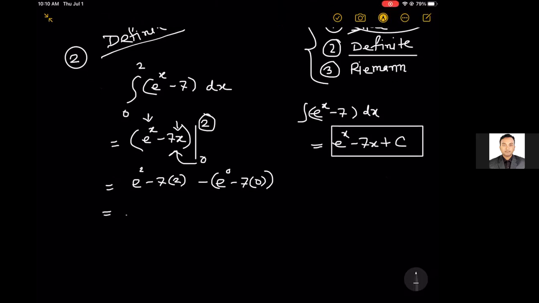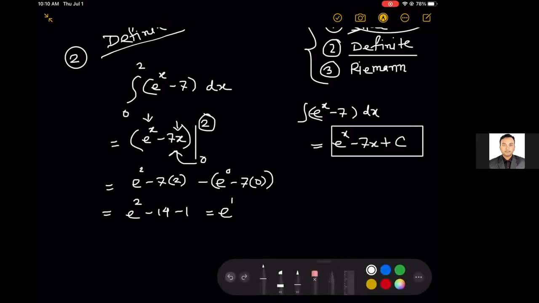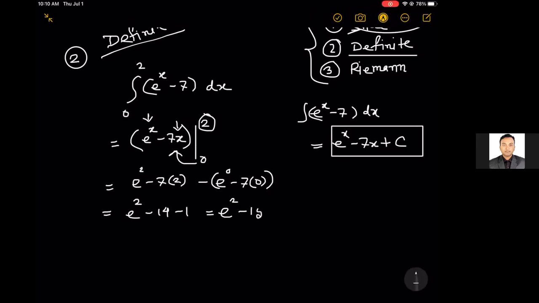So e to the 2, I think we can keep it e to the 2. We don't need to find the decimal unless it's mentioned to write the solution up to 4 decimals or something like that. I'll keep it e squared at least for the first time. Then -14, e to the 0 is 1, and 7 times 0 is 0. So it should be e squared minus 15.